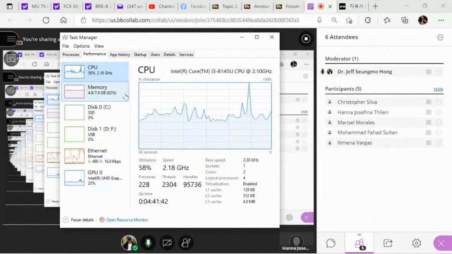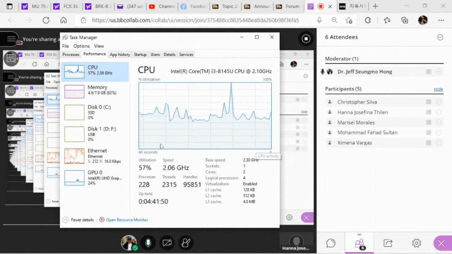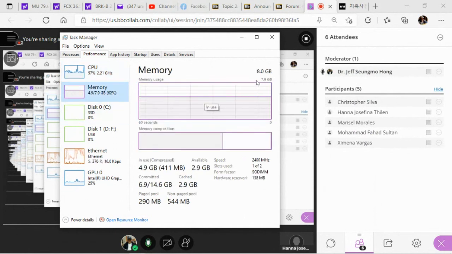Usually this shows the usage of my CPU, and on average it's about 50% of its full capacity, so I'm good. Memory is short. I have 8 gigabytes of RAM. It's usually expandable, depending on your computer. If I can expand it, I would expand it to 16 gigabytes. Memory chips are very expensive these days. They were not that expensive a couple of years ago.